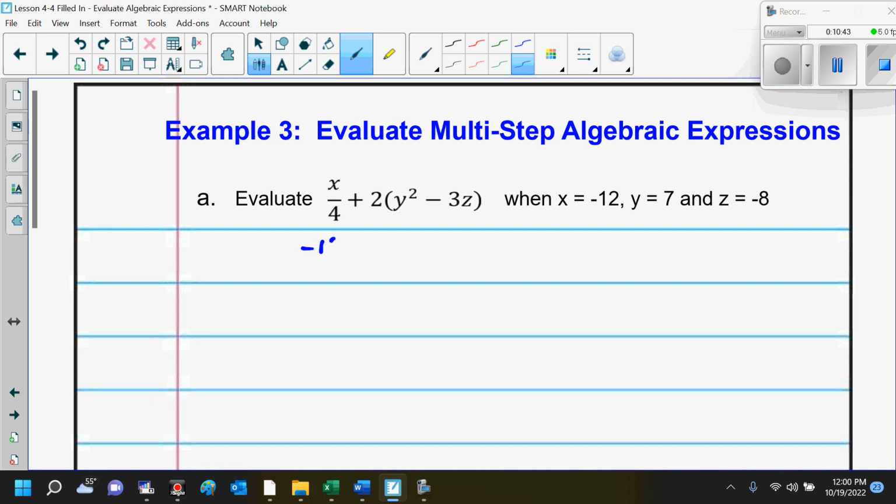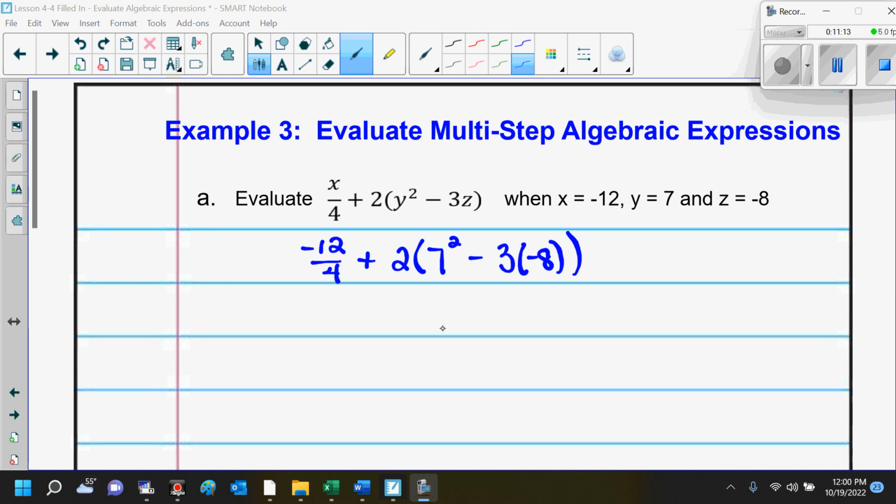So that's going to be negative 12 over 4 plus 2 times quantity, y squared. So y is 7. So we have 7 squared. Minus 3 times z. Z is negative 8. So that's 3 times negative 8. And then we're going to close parentheses.